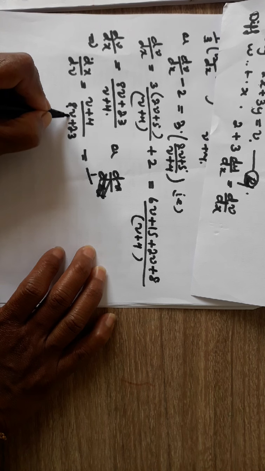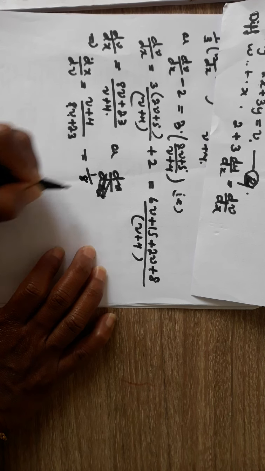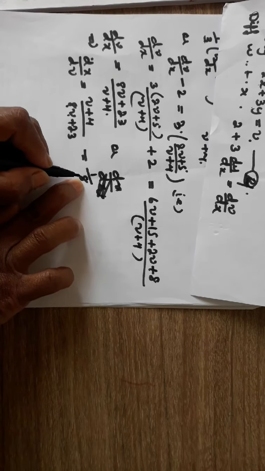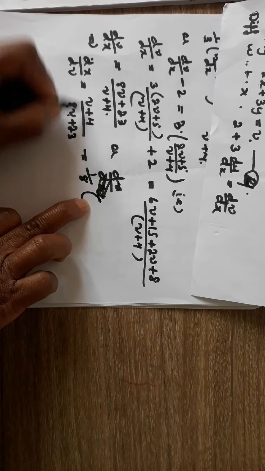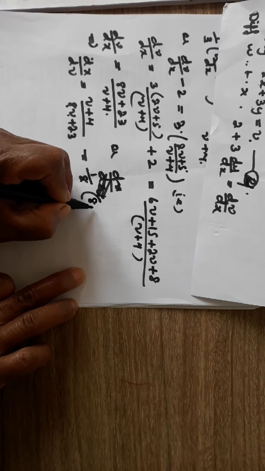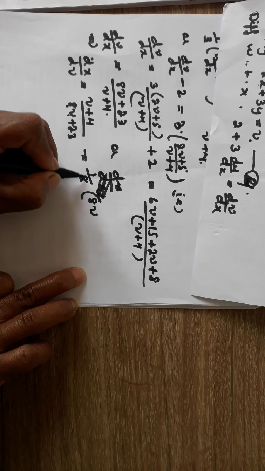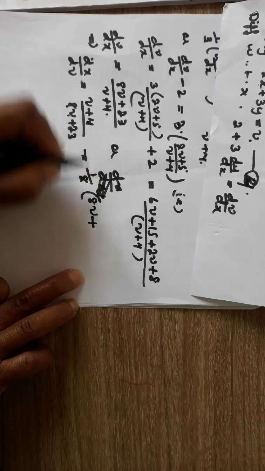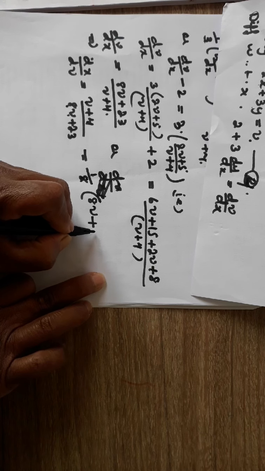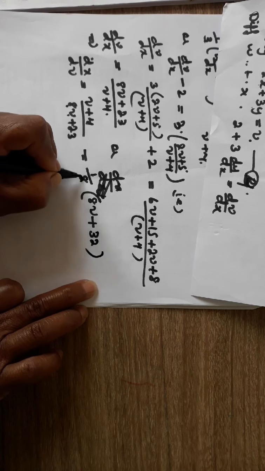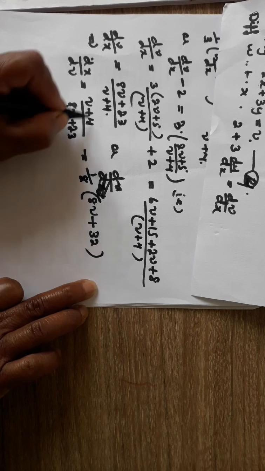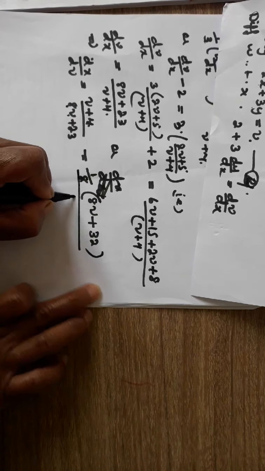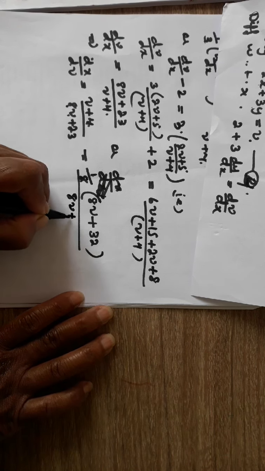Here the coefficient of v is 8, so I want to multiply here by 8 in the numerator, and for that if I introduce 1 upon 8, I have to put here 8v, because 8 by 8 can be cancelled. Then plus here you have 4, so 8 into 4 gives you 32, so that 8 with this 32 remains as 4. The denominator will remain as 8v plus 23.